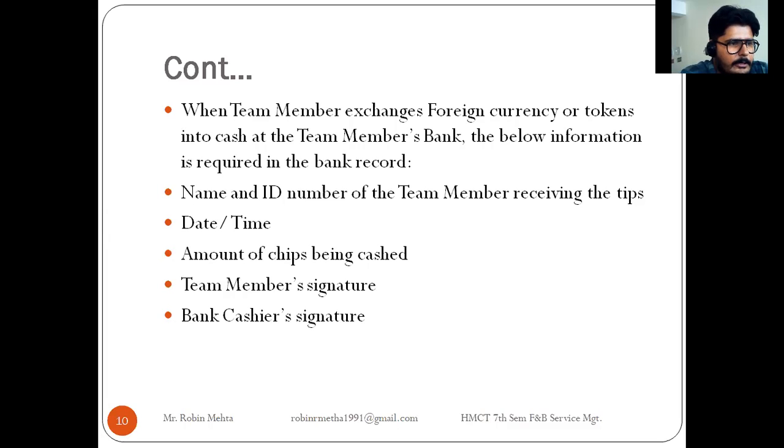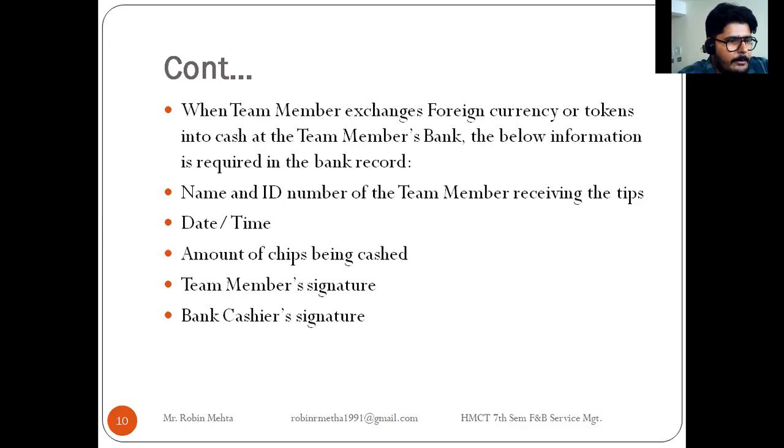They mention their name and ID as that particular team member, so that if any problem happens, or any fraud, or any situation may happen, they get to know who came for the exchange. Next is the date and time.